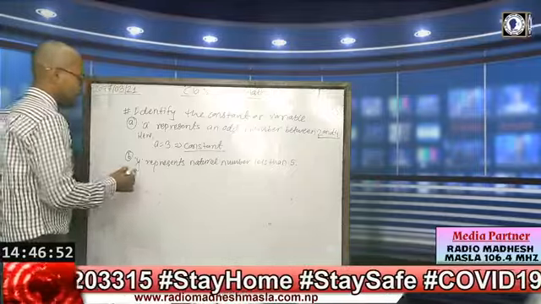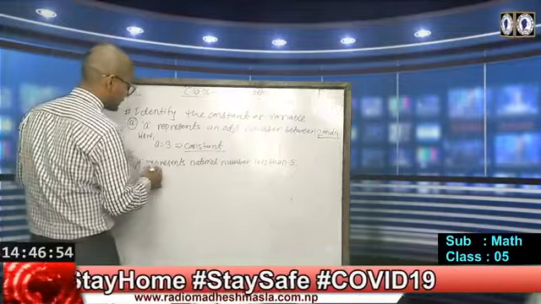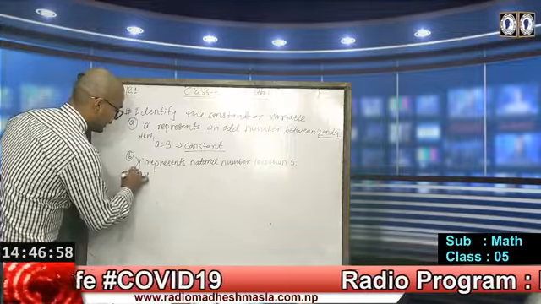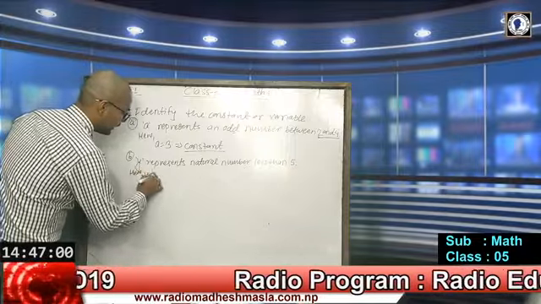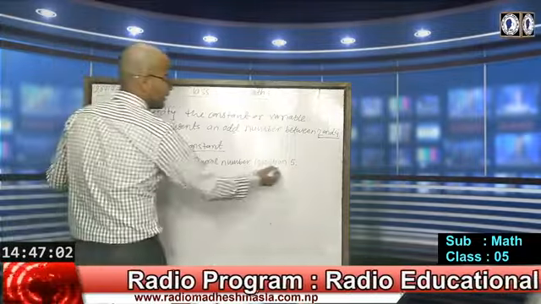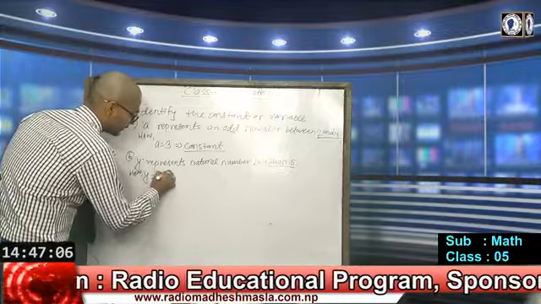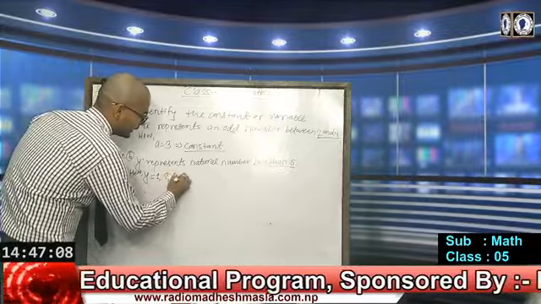So we can write here y is equal to what? What are the numbers less than 5? There 1 comes, 2, 3, 4.